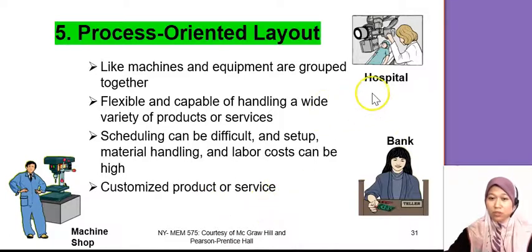For example, if you have an accident, you go to emergency, and then you have to go to X-ray and so on. Sometimes you go to the hospital for a minor fever, so you don't need X-ray. You see the doctor, get medicine from the pharmacy, and you are off. So they have different processes for different customers.